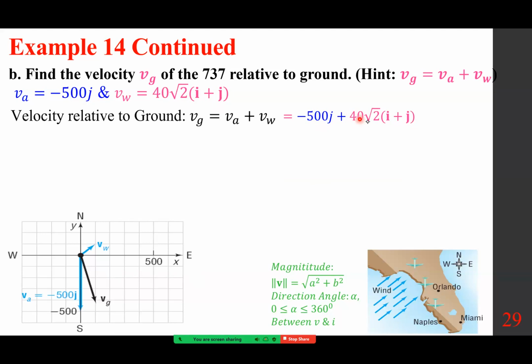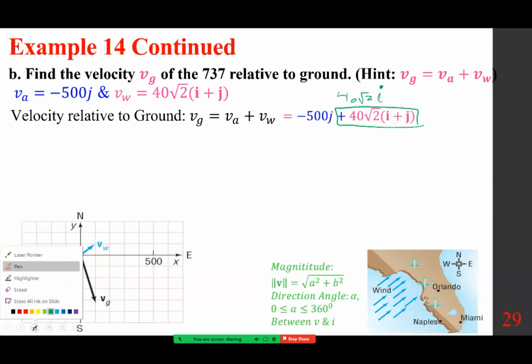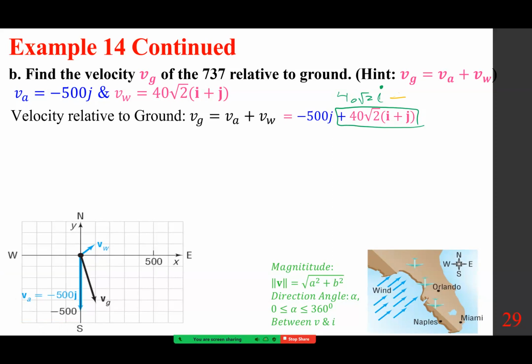So we are going to write this part, 40 square root of 2 I, first, plus 40 square root of 2 J, and we're going to add the minus 500. To be exact, for now at least, we're going to write this as 40 square root of 2 I, and 40 square root of 2 minus 500 times J. This is just to be exact.